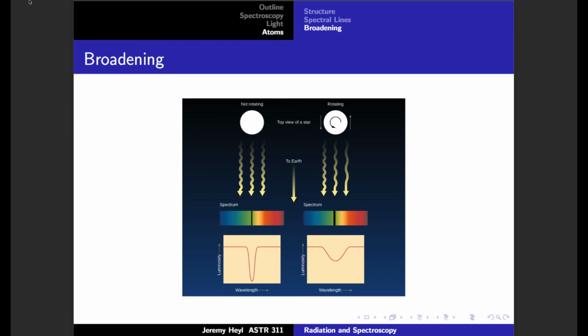But we'll talk more about this later, but you've probably literally heard the Doppler effect. If a source of radiation is moving towards you, the wavelength of the radiation that you will observe will be slightly shorter than the one that's emitted.